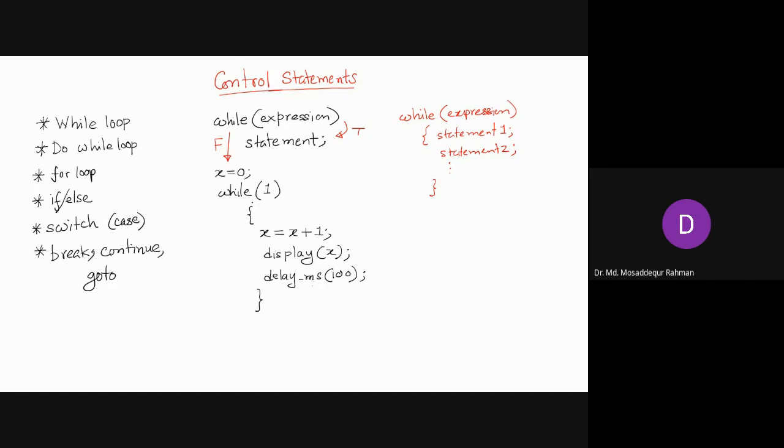So it is always true, and this control statement will keep on executing this set of instructions as long as the power is on. It will keep on increasing the value of x and displaying the values. Every 100 milliseconds, it will increment the value of x and display it on the display board. Is that understood, guys? Any question? No, sir.